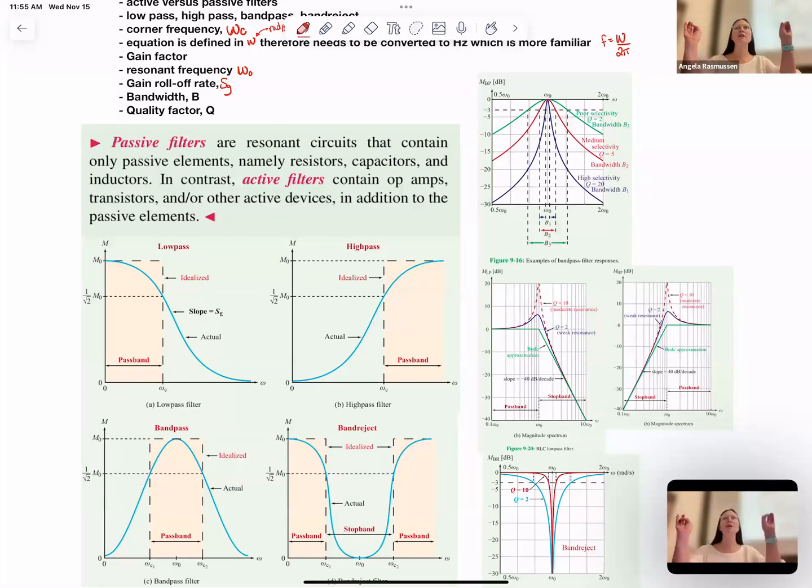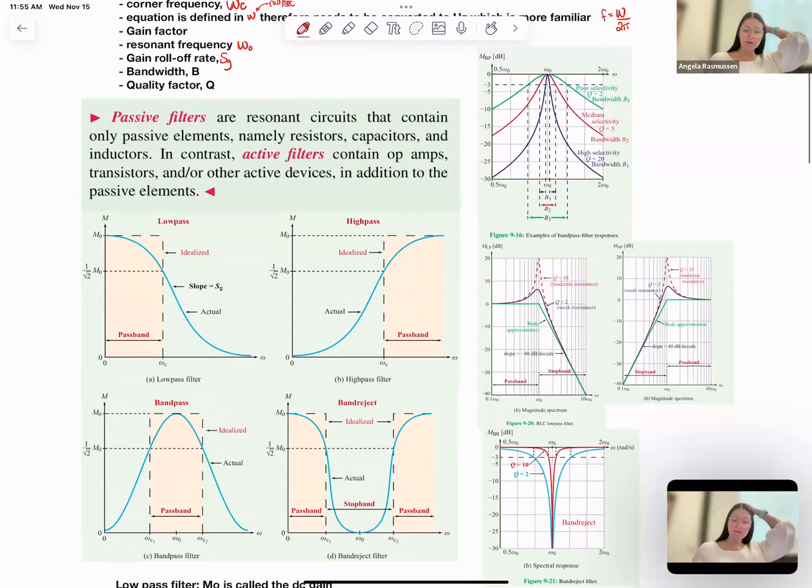What I'm trying to get you to understand is just what do these terms mean? And how do I identify them on these graphs or pictures when I see them? Passive filters are basically just filters that contain only passive elements, resistors, capacitors, inductors, whereas an active filter has an op-amp. So just understand that concept.